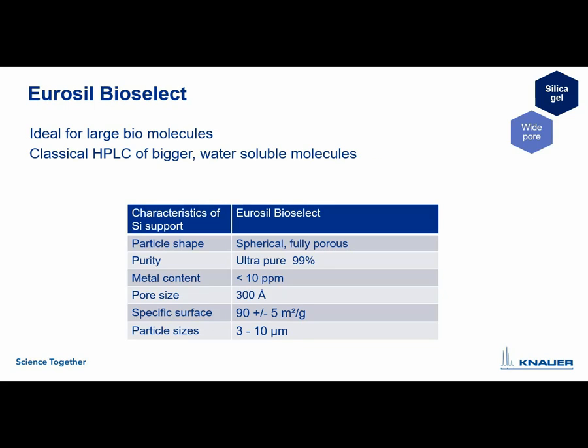At KNAUER, we have our Eurosil Bioselect phase. It's ideally made for these larger biomolecules, and it's really like our classical Eurosphere 2 column family, but it has larger pores. So you see, the characteristics are nearly the same, just the pore size here is larger. Typically, you use for small molecules 100 angstrom pores, and here it is 300, and therewith the specific surface also gets smaller.